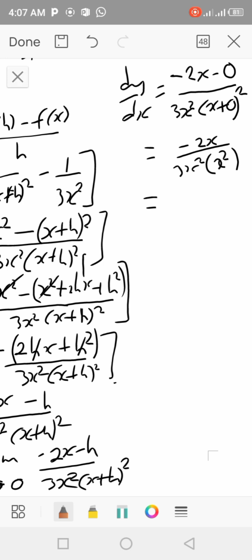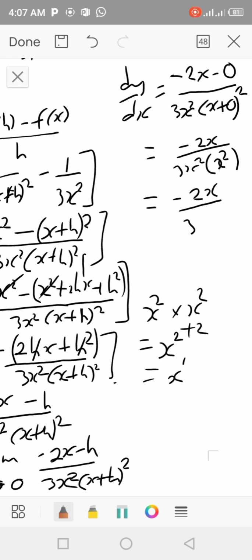So here we have minus 2x over 3x times x squared times x squared. Law of indices, that is x raised to power 2 plus 2, which is x raised to power 4. So this is x raised to power 4. Right?